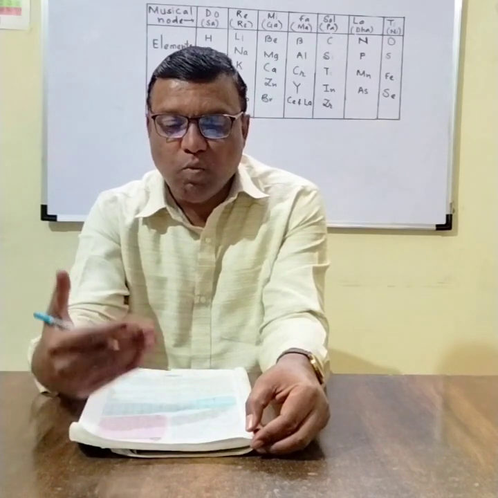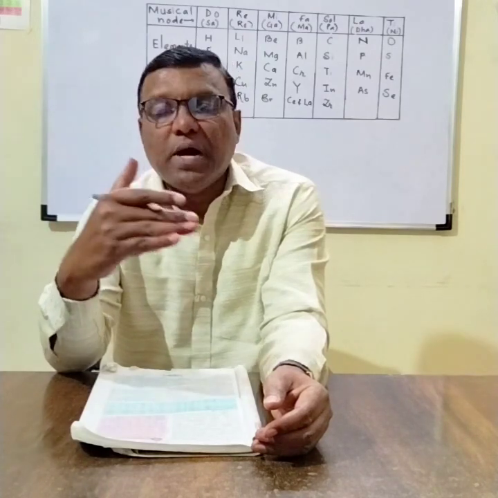Then let us understand the important points regarding Newland's law of octave. First, the name. The name of this Newland was John Newland, and he was an English scientist. Point number 2, he arranged the elements on the basis of their atomic masses.